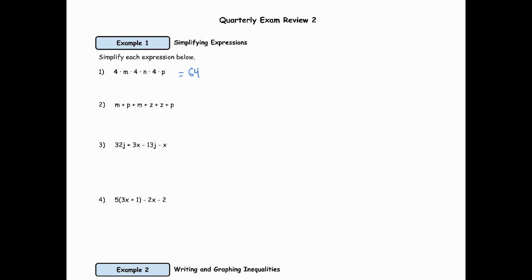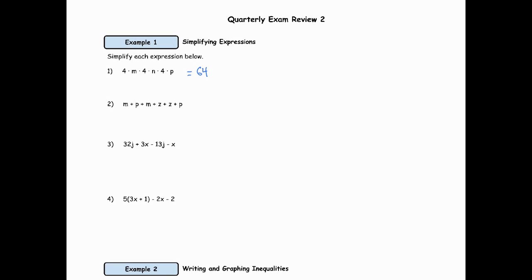And we simply continue the expression by multiplying by the variables m times n times p. 64mnp. And that actually means 64 times m times n times p.